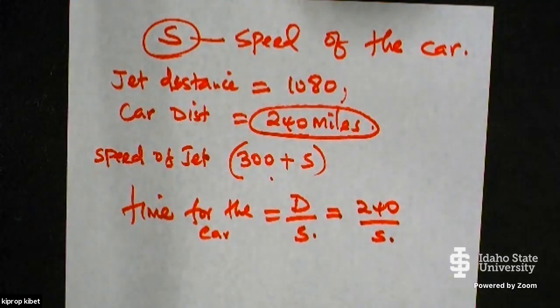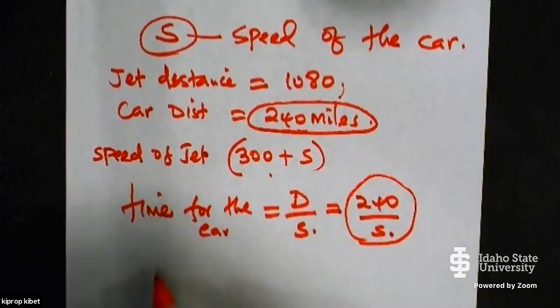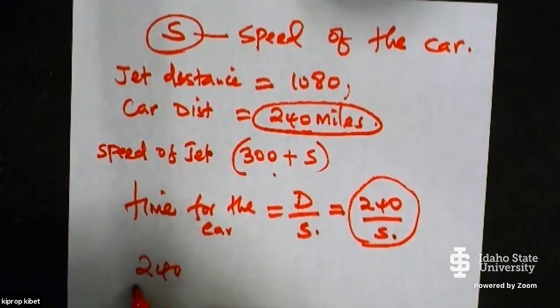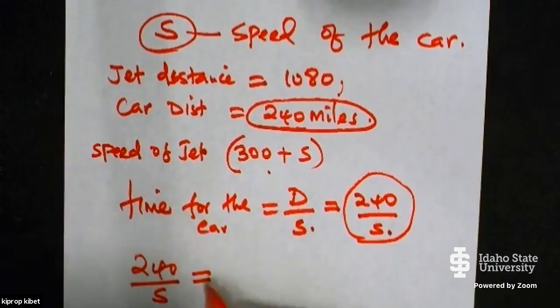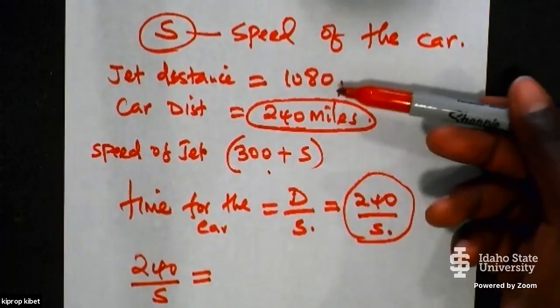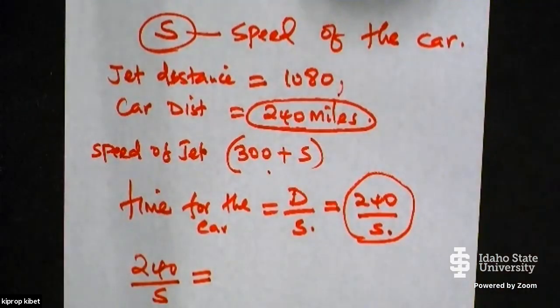Now it says the jet goes 300 miles per hour faster than the rate of the car, and the car ride takes 1 hour longer than the jet. So the time for the car, 240 over S, is the same as the time for the jet plus 1 hour.